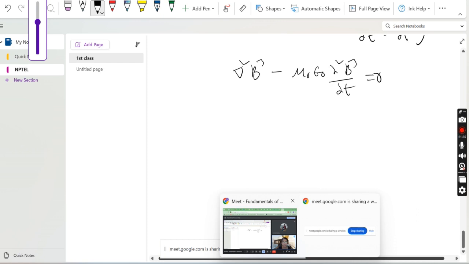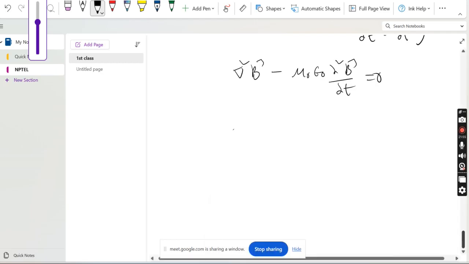So that's why we only bother about the electric field equation when we discuss light. But there is also a magnetic field, and like the electric field, the magnetic field also obeys a wave equation. So that's how we get the wave equation of the electric field and of the magnetic field.